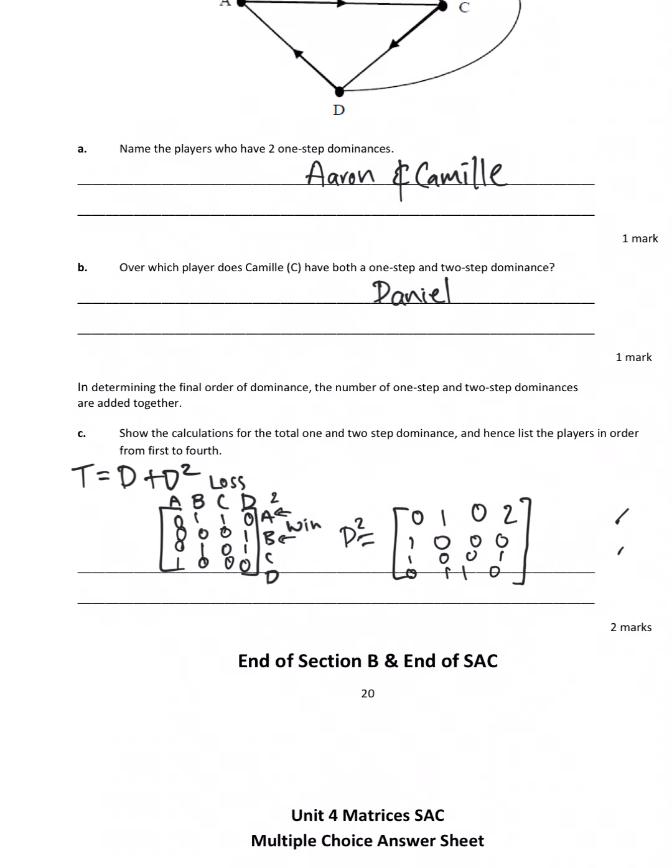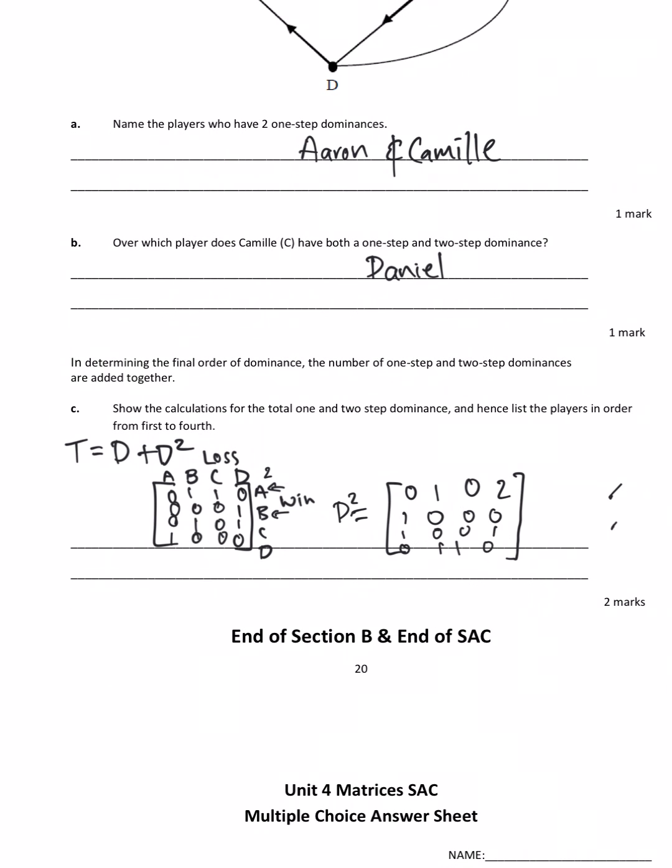Now, show the calculations and hence list the players in order from first to fourth. I'll just do it below.